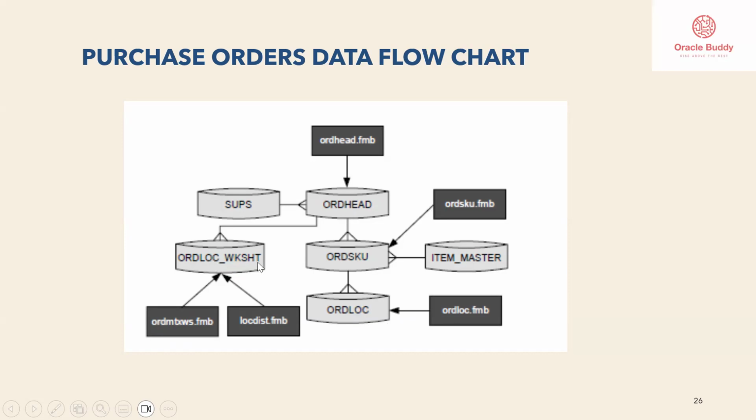The ord loc underscore worksheet table also will be populated from ord head. These are the two FMBs which enter the data into this table. While creating the order, we have to select the supplier, which comes from the supplier table.